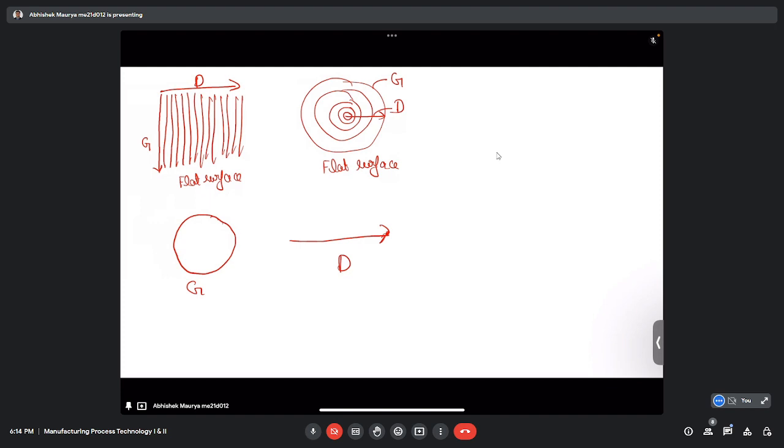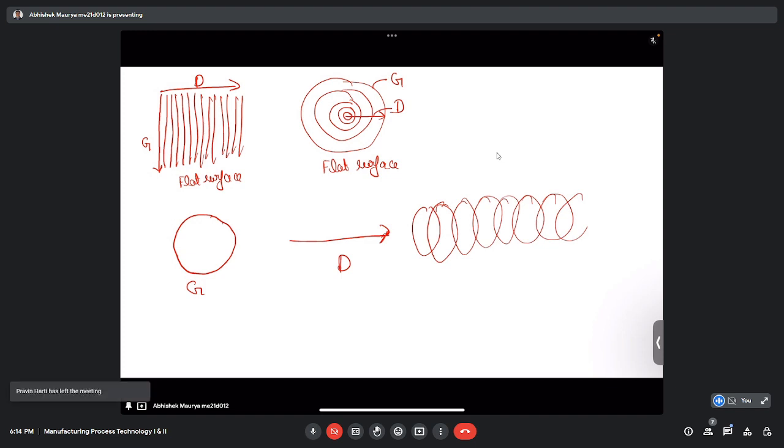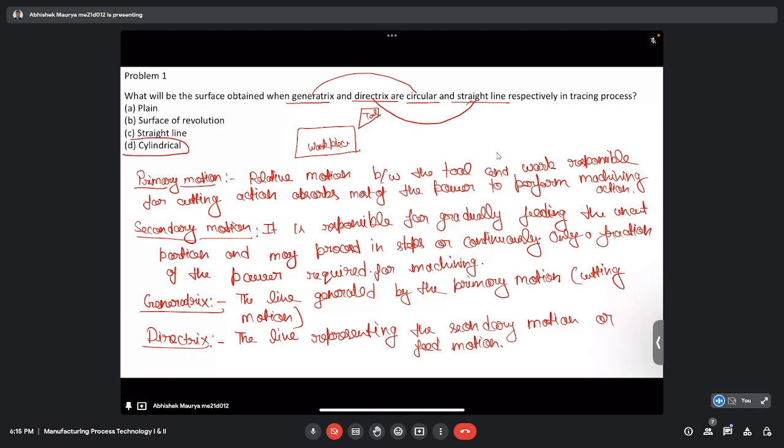If we combine these two motions, we will get something like this. So generatrix is moving along directrix, and finally, if they are very close, we will get a cylindrical shape. So the correct answer for the first question is D, cylindrical.